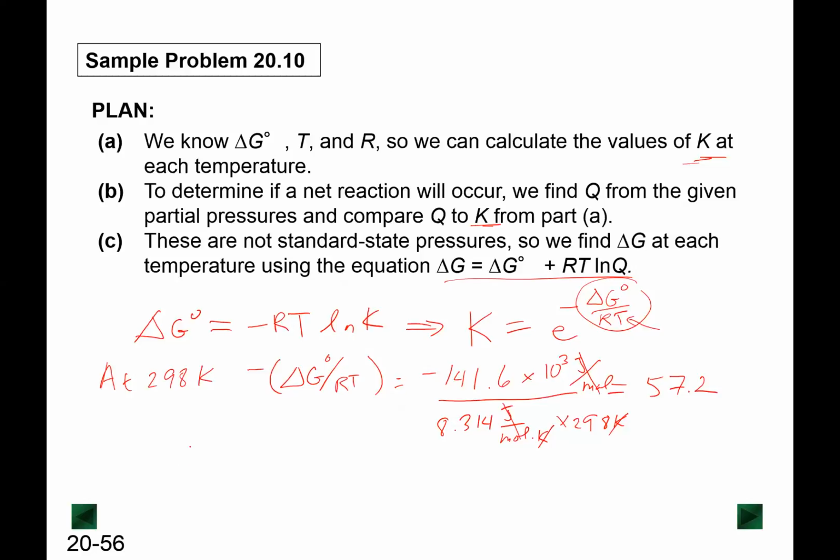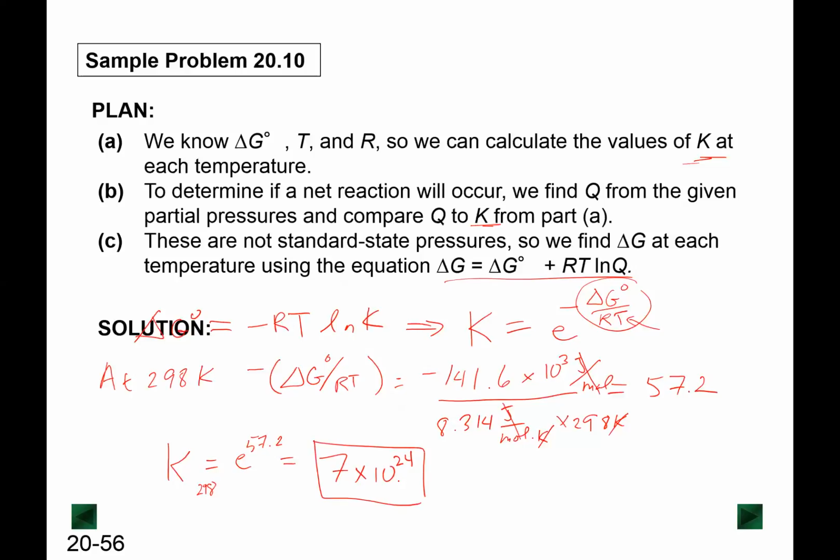And so to solve for K, K298 is equal to E to the 57.2, which gives us 7 times 10 to the 24. So that would be our K at 298.